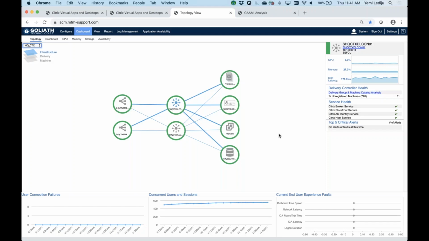So there was poor CPU utilization as well as memory utilization. At that point, they were able to allocate more resources to the delivery controllers automatically, solve those issues, and create a better adoption rate for the new environment.